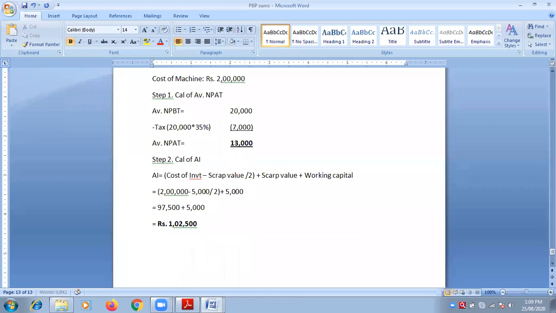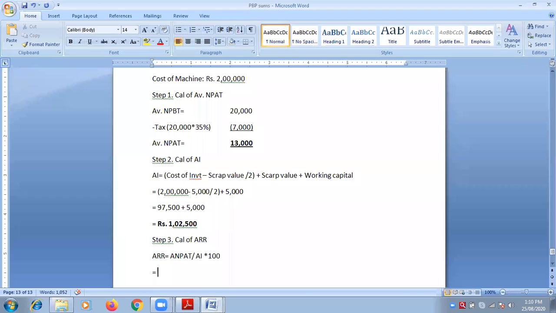Now step number 3. What is step number 3? Calculation of ARR. So ARR is equal to average net profit after tax, ANPAT, divided by AI, average investment, into 100. I hope you are okay with my short forms.